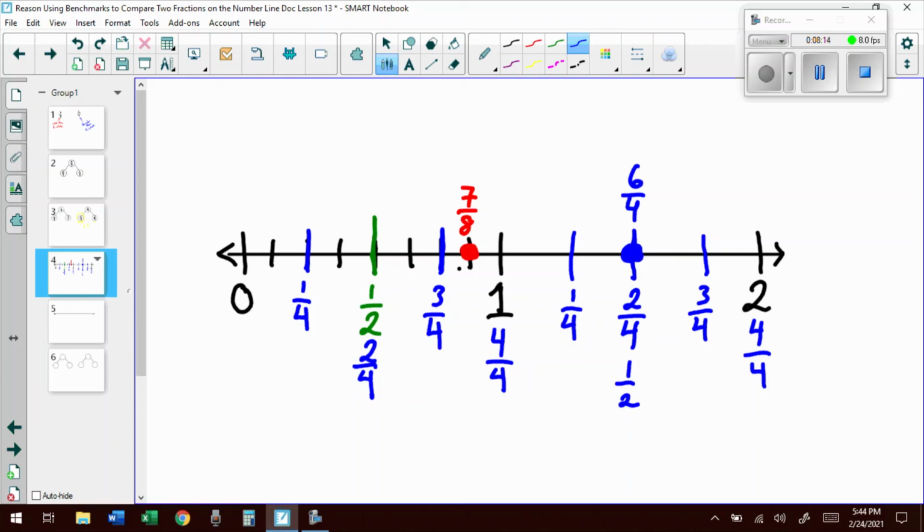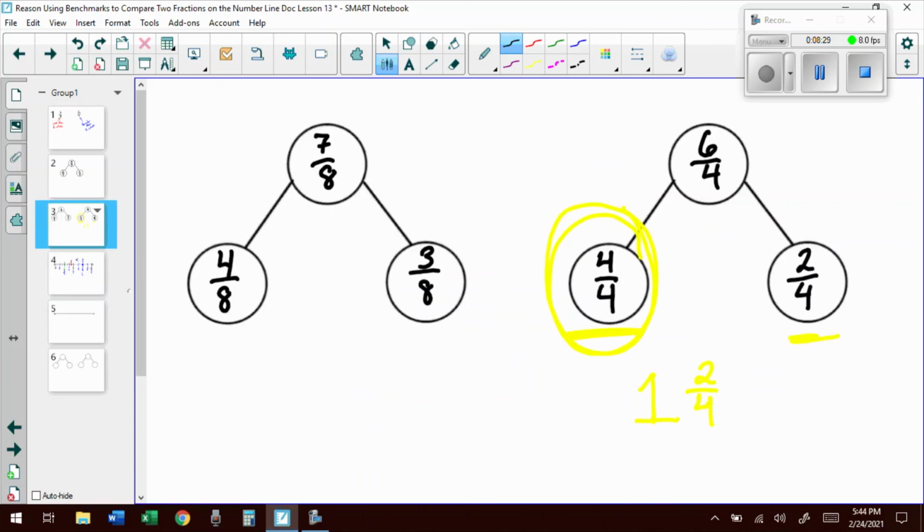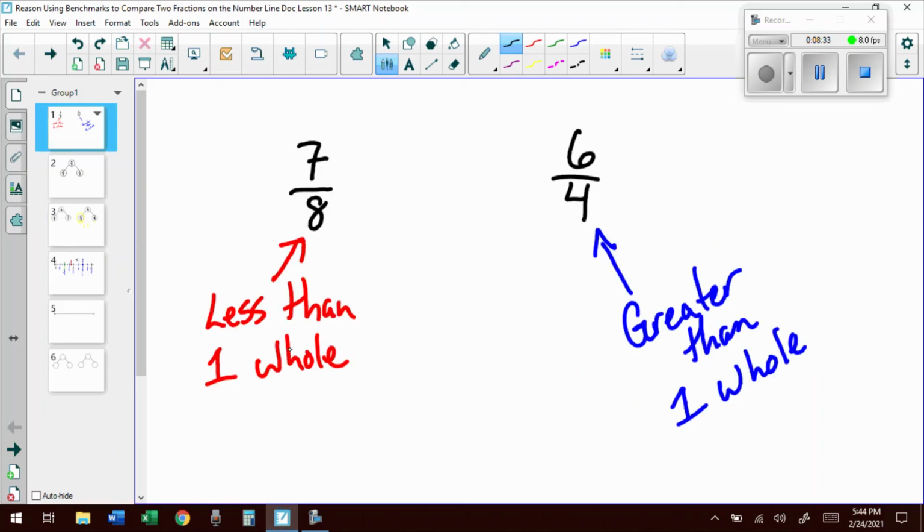So we can see that 7 eighths is less than 6 fourths, and we can see that not only on the number line, but when we reasoned with what we know about fractions, 7 eighths is less than 1 whole, and 6 fourths is greater than 1 whole.